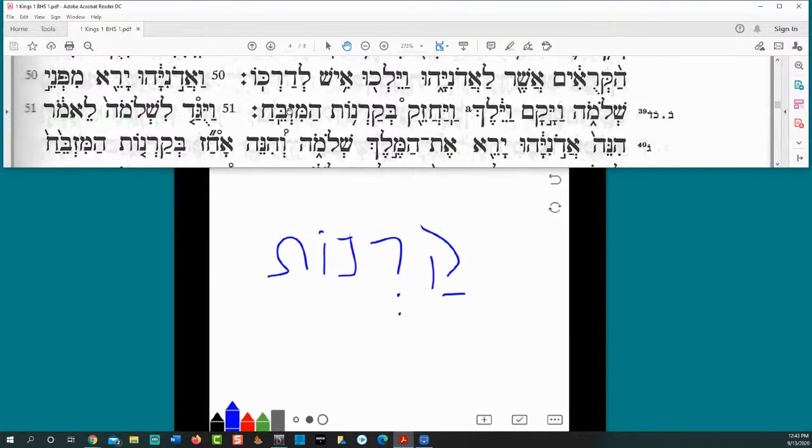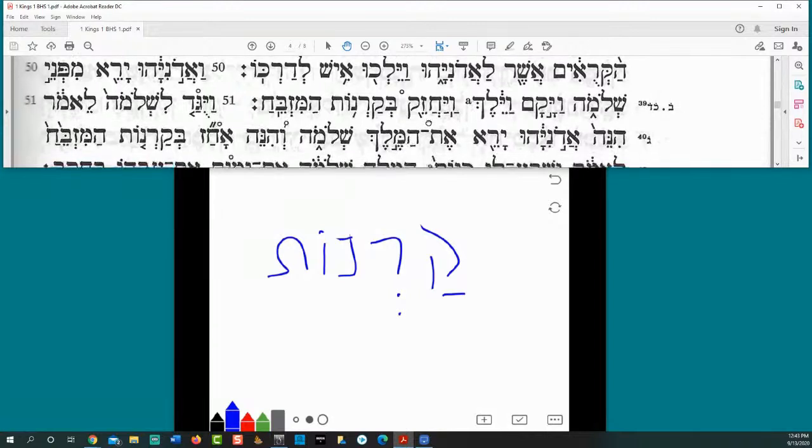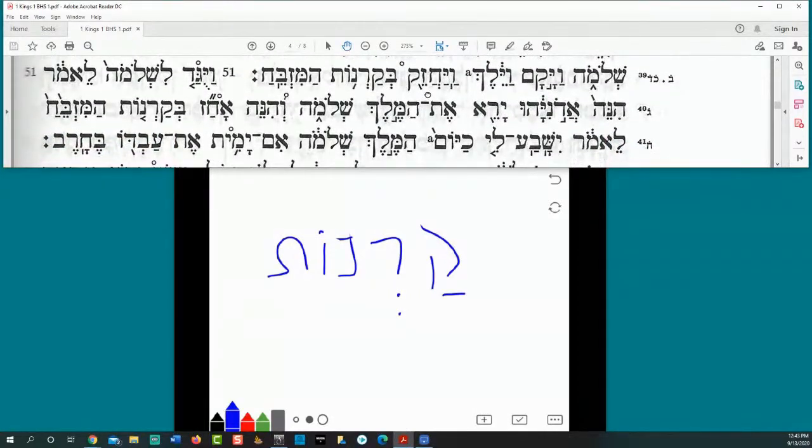So mizbeach, you see zavach here, like to slaughter, to sacrifice. So a mizbeach is an altar. So he grasped the horns of the altar. We won't go into all the details of what that means, but it's essentially a safe place. It's like home base in tag.